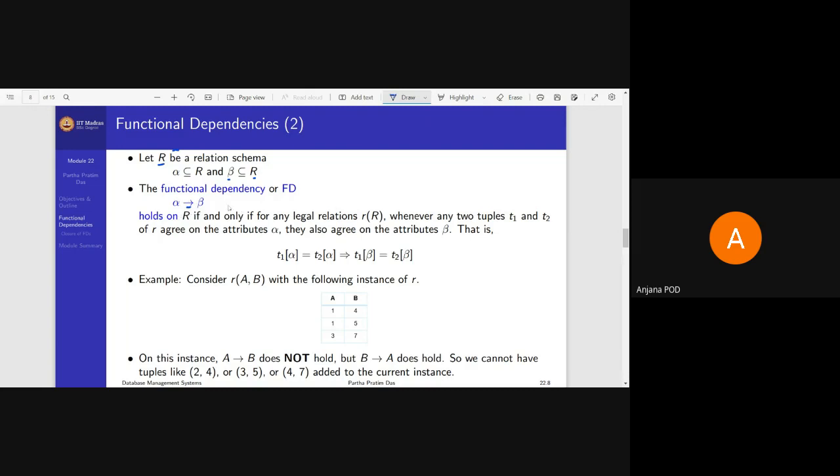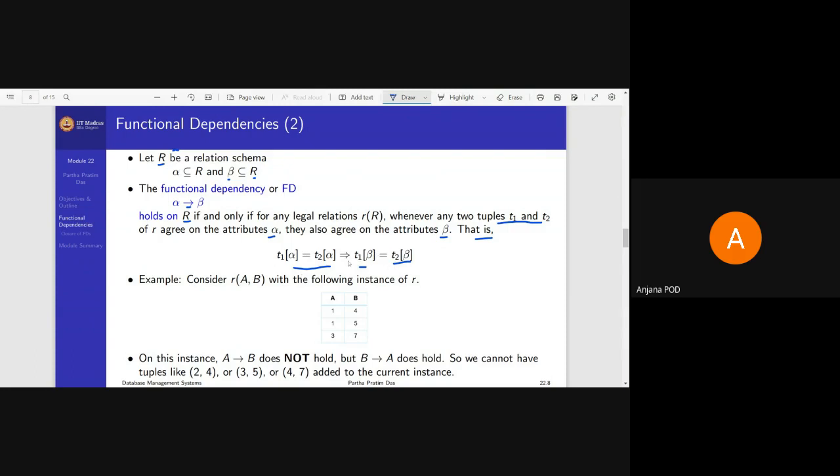The functional dependency alpha determines beta holds on R if and only if for any legal relation R, whenever any two tuples T1 and T2 on R agree on the attributes alpha, they also agree on the attributes beta. The actual formula is: if T1 of alpha equals T2 of alpha, then T1 of beta equals T2 of beta.